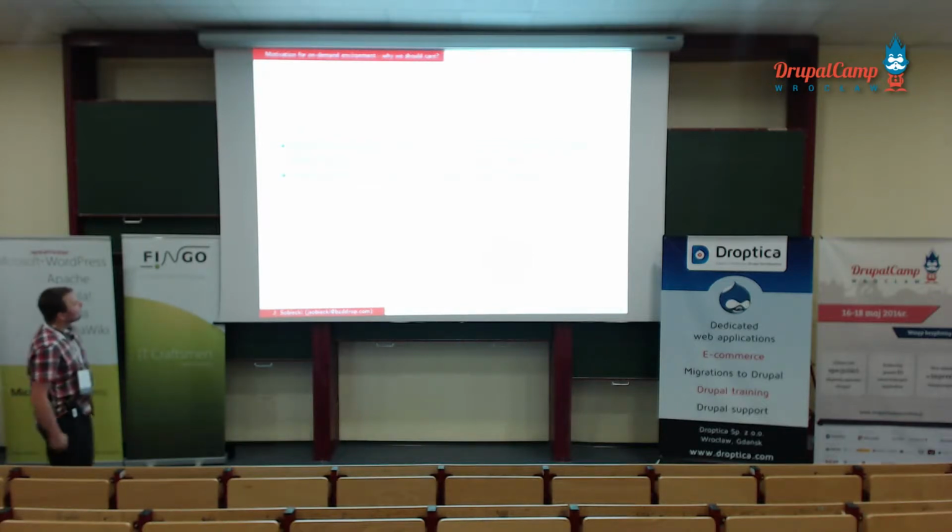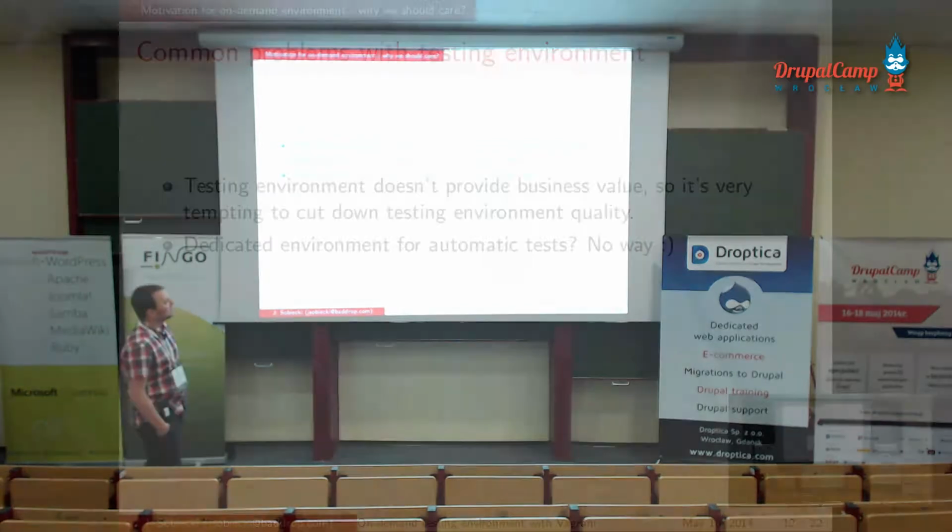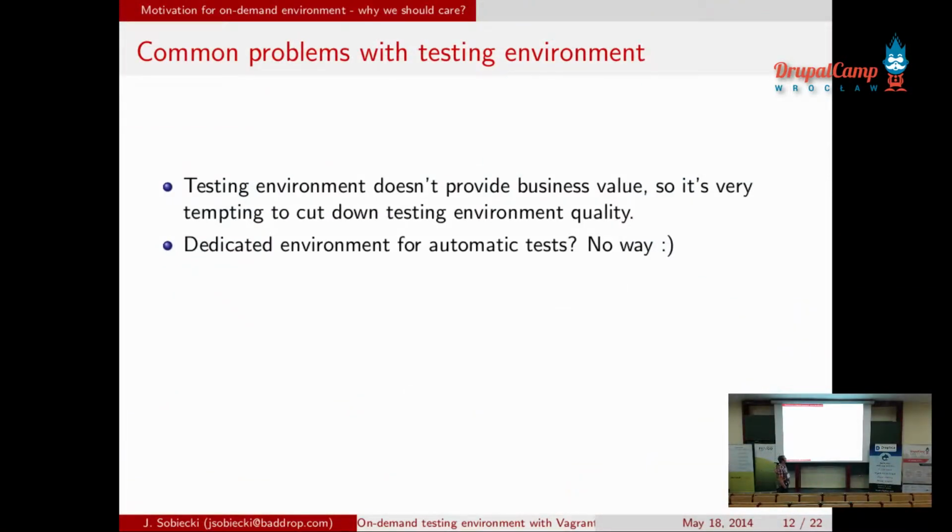I had a situation in my experience where I tried to prepare a continuous integration process, and I needed a separate environment for automatic tests, and the answer from the executive was no way. Why? Because we don't have budget for that.